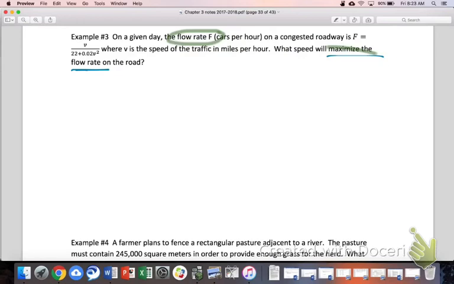So whatever they're asking you to maximize, you need to set that thing prime equal to 0 or DNE. So should you be finding F prime here? Yes. And then using that to find critical number candidates and then testing those, et cetera. That make sense? Okay, so let me give you a couple minutes to try to finish this one, and then we'll be done.